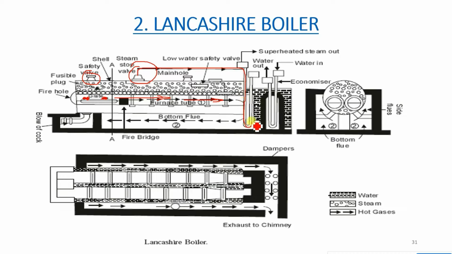Superheater also has one vent which supplies steam to the application area. It may be to the industry, it may be to the turbine. Then there is a manhole for maintenance and repairing. Blow off cock is also provided for draining the mud and salts.